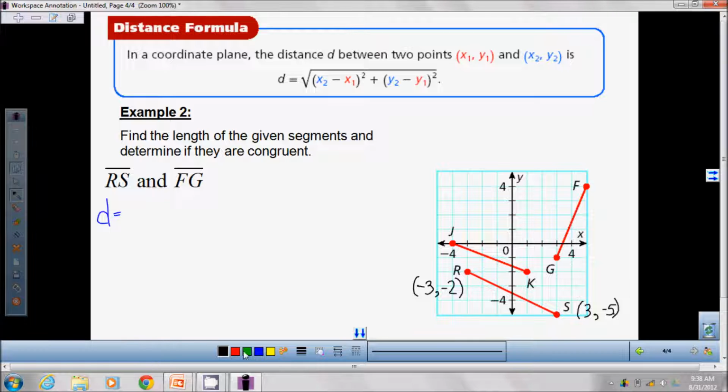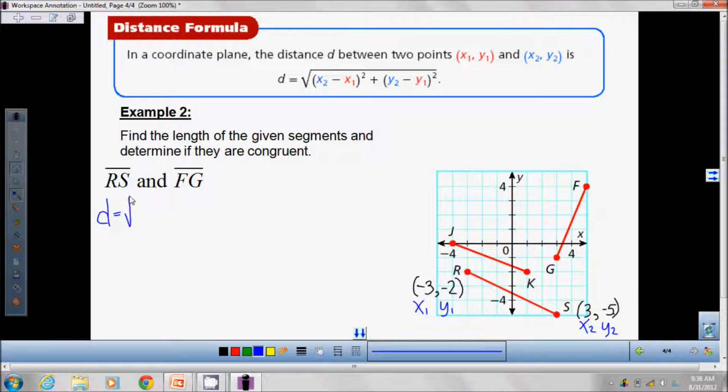Now you can choose who you want to be the first point and the second point, so you can determine who gets the subscript of 1 and the subscript of 2. So I'm going to have this guy be x1, y1, and this is going to be x2, y2.